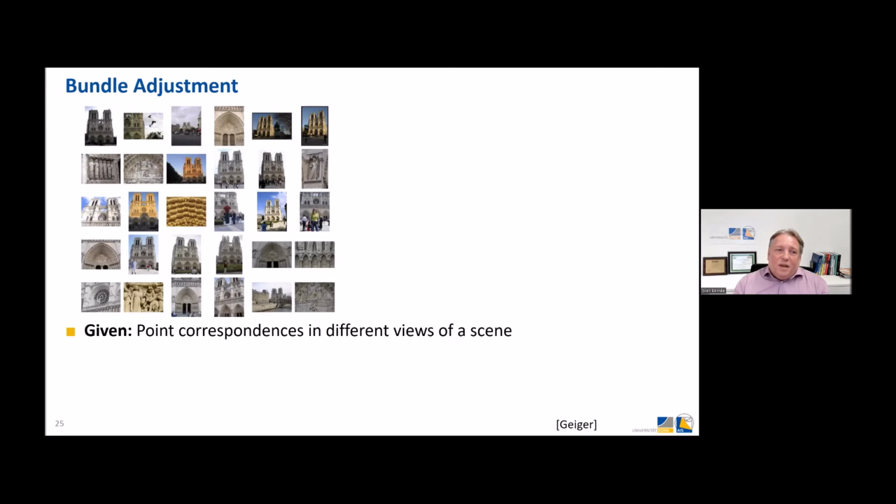The famous method of bundle adjustment does this minimization of reprojection error on large scales. So we may have many pictures of a scene taken with different cameras from different viewpoints.